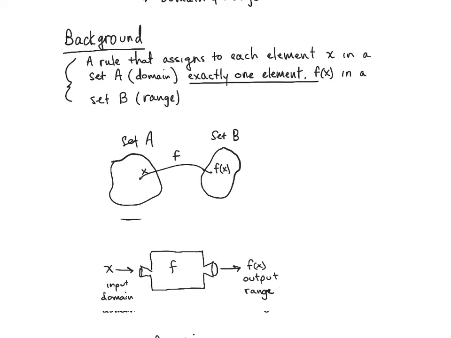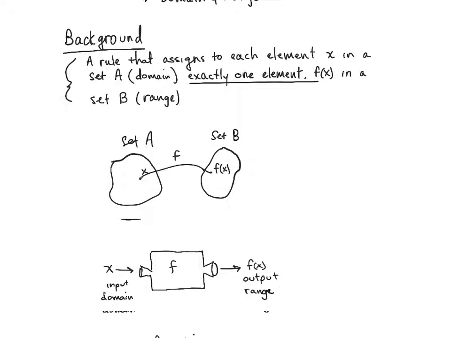A lot of students like to think about a function, visually at least, as a machine. So we have an input, some value for x that goes into the function here. And again, when you think about function, it's a rule. And by rule, it's some kind of mathematical operation that takes the input, works it over through that rule, and produces, in this case, exactly one output here called f of x.